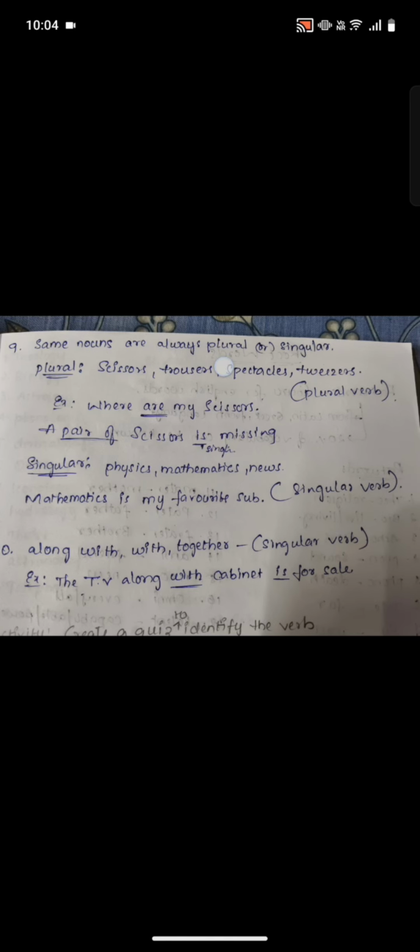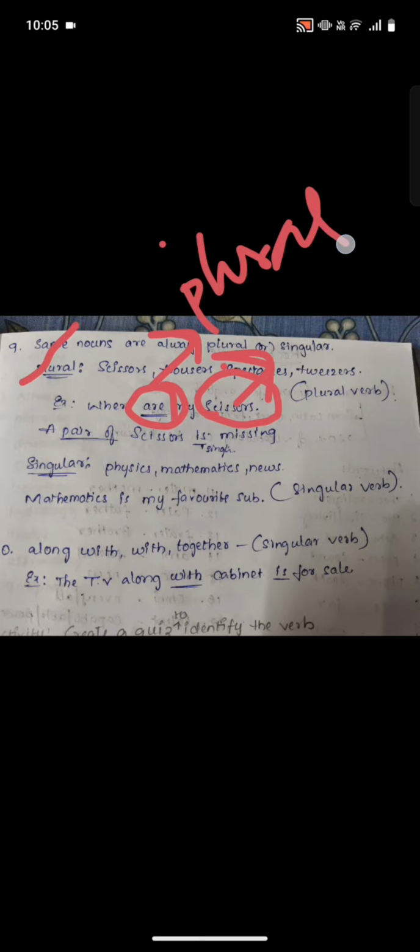The next rule was that some nouns are always plural, and some are always singular. The plural ones are like scissors, trousers, spectacles, tweezers. If we take an example, "Where are my scissors?" for "scissors" we used "are", which is a plural form. And if we take another one, "A pair of scissors is", we have used "is" in the singular form.